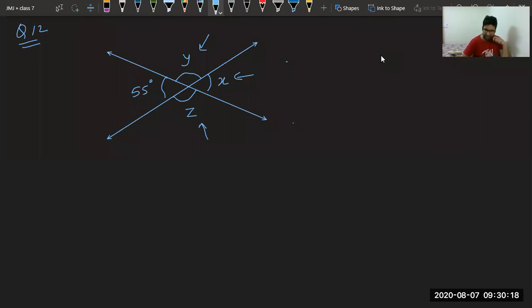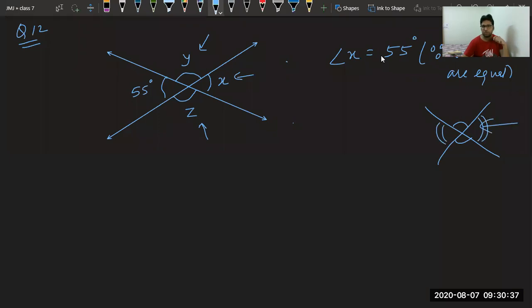We can find X because angle X is equal to 55 degree, as vertically opposite angles are equal. When two lines cut like this, these angles are equal. So from that, I got the value of X.